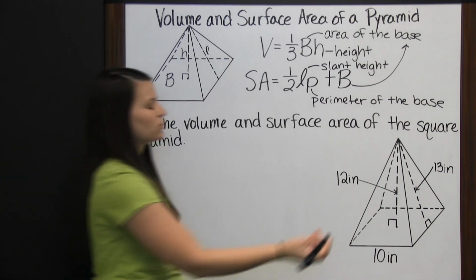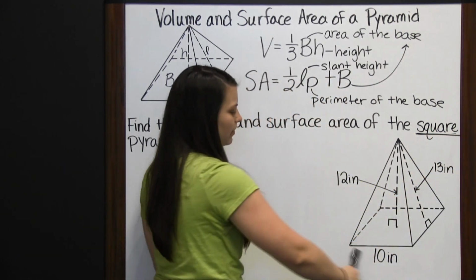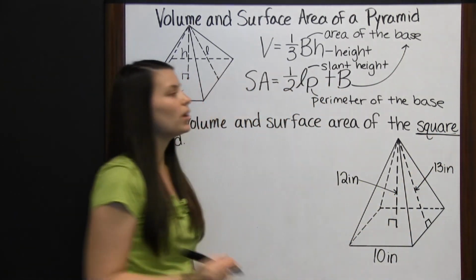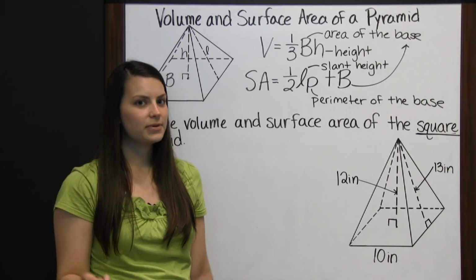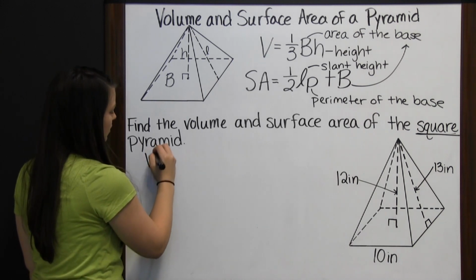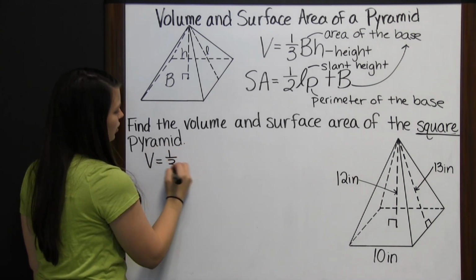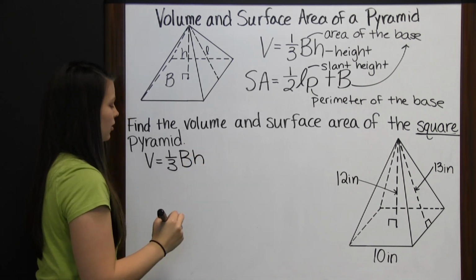Since it's called a square pyramid, that means that the base of our pyramid is a square, which will help us when we have to find the area of the base. That'll help us find it knowing that it's a square. Let's start with volume. Volume is 1/3 the area of the base times the height of the pyramid.